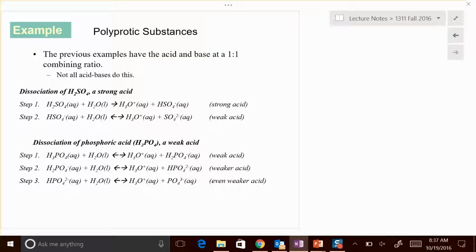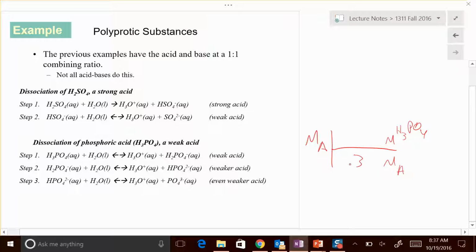So I can easily find out how many hydrogens there are, but that's not going to tell me what the concentration of the H3PO4 was. So once I find it, I then have to change it from the molarity of the acid to the molarity of H3PO4, knowing that there are 3 acidic hydrogens for every 1 H3PO4.